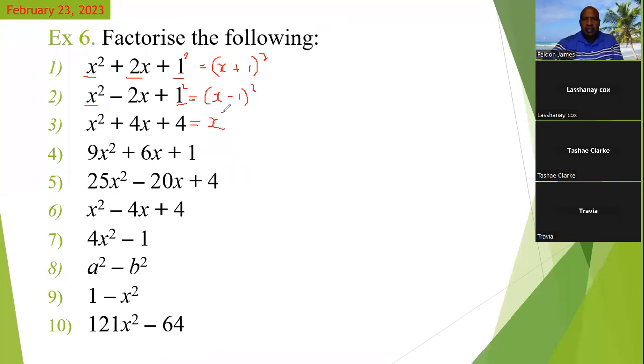So we would have x squared plus 4x plus 2 squared. So we see that 2 times the x, the first base, and the base of the last, times them by 2, we get 4x. So factorize it, we get what? x plus 2 all squared. Good.